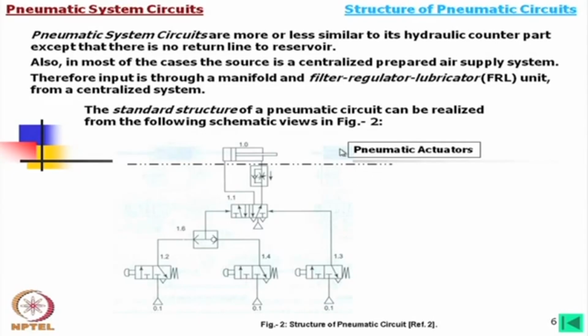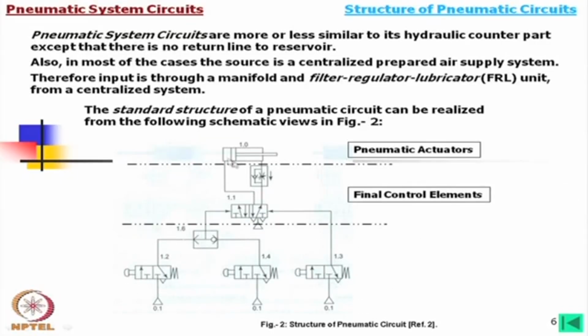We shall call it an actuator, maybe an air motor also. Next, before entering into this actuator, we have some control units, which we call final control elements. Before that there are processing elements.